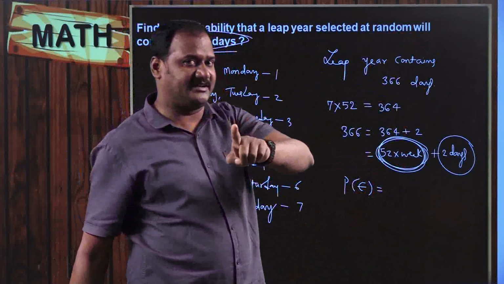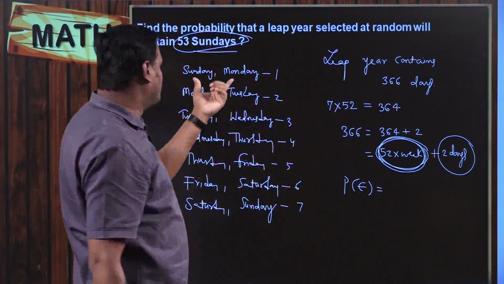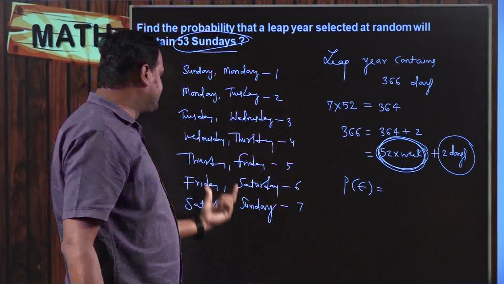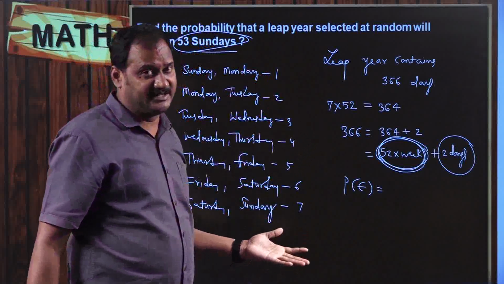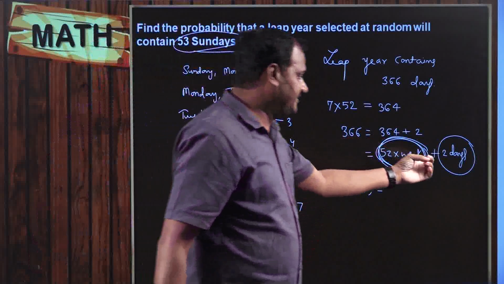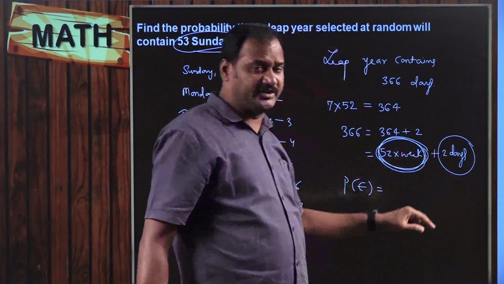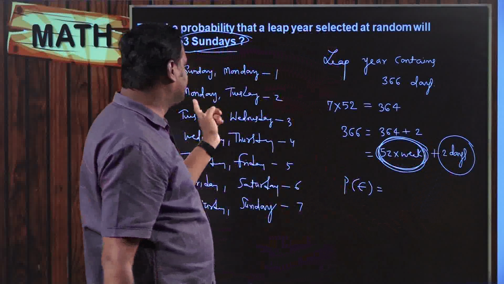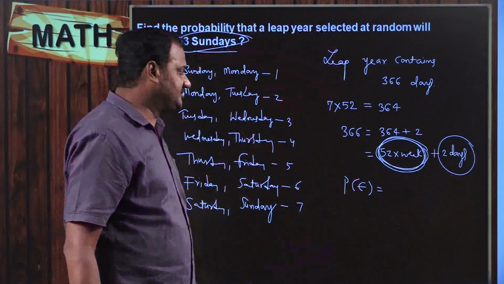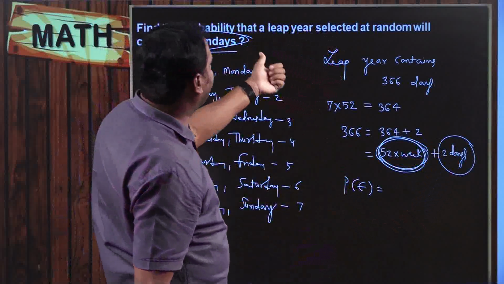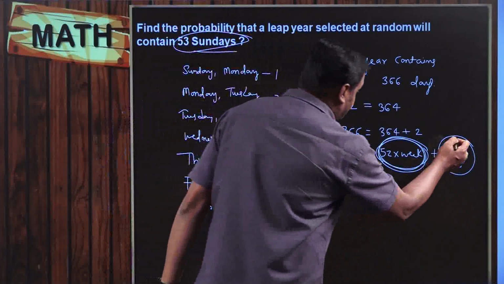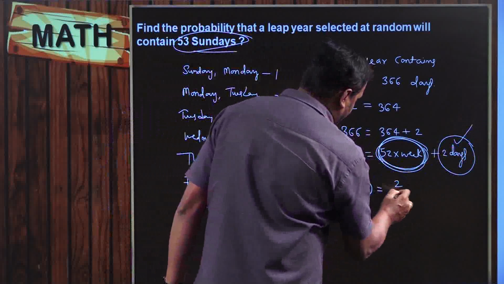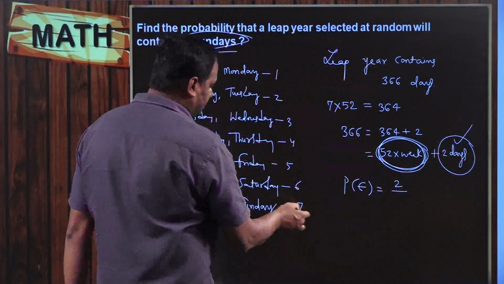The remaining 1 Sunday would be in one of these seven possibilities. Definitely there are 2 days remaining, so those 2 days will be either these 2 days or these 2 days. So the probability of getting 53 Sundays: the number of favorable possibilities is 2, and the total number of possibilities is 7.